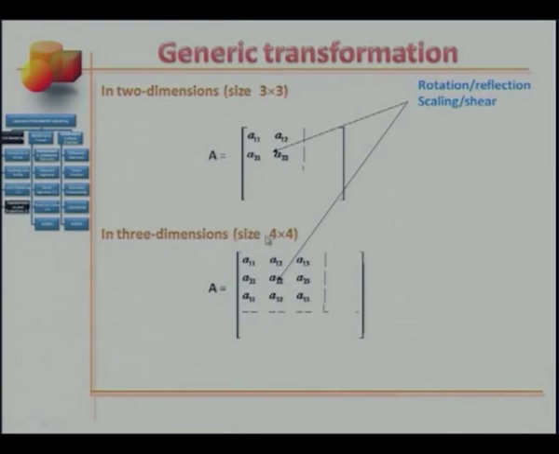Similarly, in case of 3 dimensions, this 3 by 3 matrix is also orthogonal. Well, when I say that they are orthogonal, I am referring to rotation and reflection cases. In case of scaling or shear, these matrices will of course not be orthogonal.